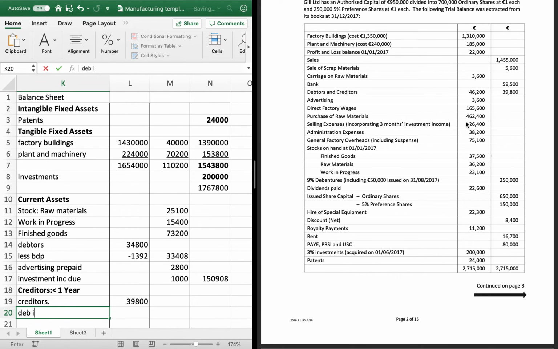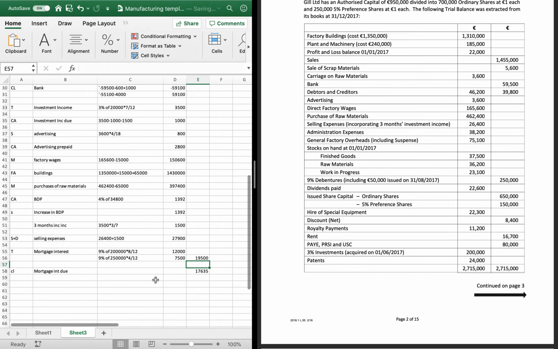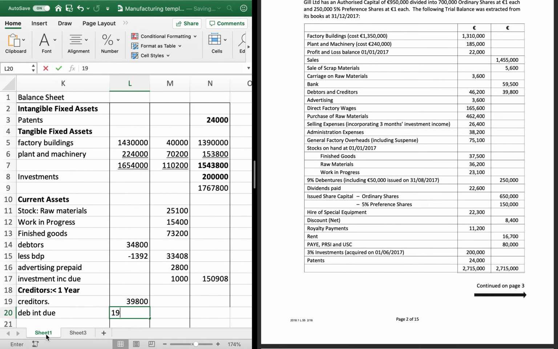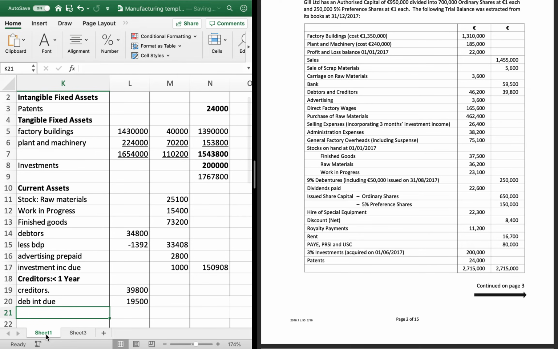I had the venture interest due. It's the full amount, 19,500. If none of it was paid, then all of it has to be due. We haven't paid any, so 19.5 is still due.